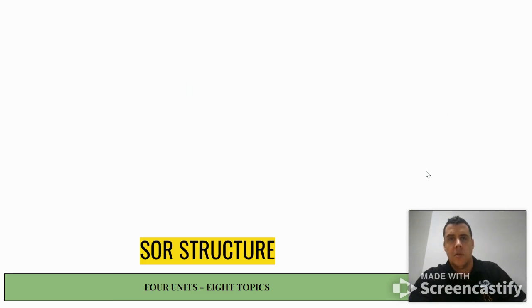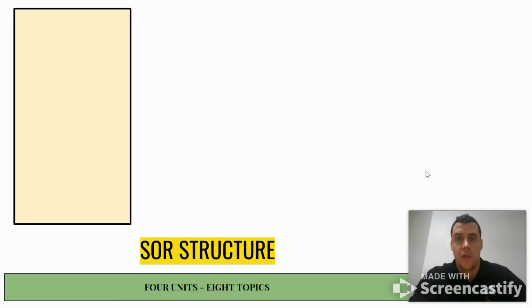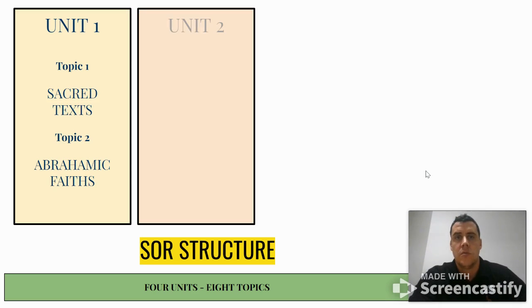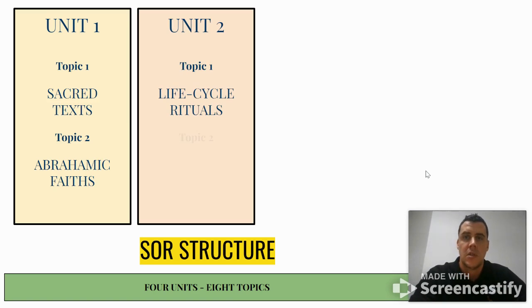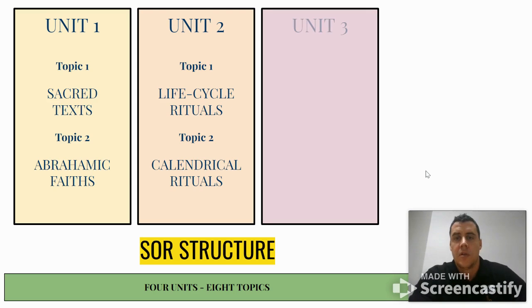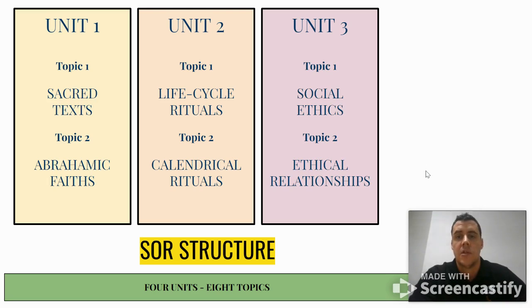SOR is broken down into 4 units, and they follow a pattern. First of all, we look at sacred texts, or the stories of the faiths, with a particular focus in topic 2 on Abrahamic faiths. Unit 2 is an exploration of calendrical rituals and life cycle rituals in religion. Unit 3 moves on to ethics, where we first look at social ethics and then ethical relationships.